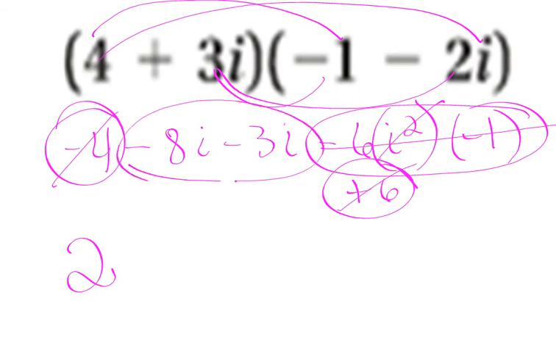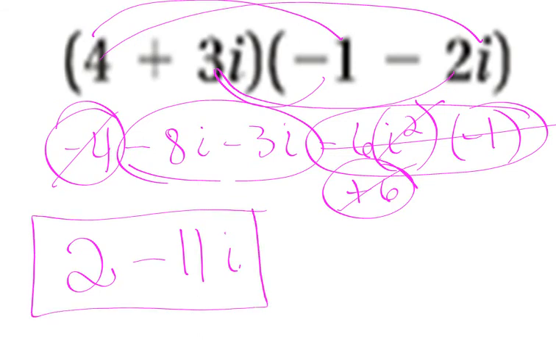And now negative 8i minus 3i, or plus negative 3i, is, excuse me, negative 11i. And that's our answer. Any questions on that one?